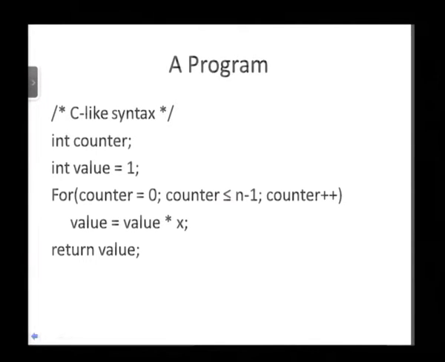Counter takes a range of values between 0 to n minus 1, and in every iteration the value is updated by a single arithmetic operation which is a multiplication. Therefore, the number of multiplications that are associated with this program is exactly n, where n is the power of x that we want to compute.